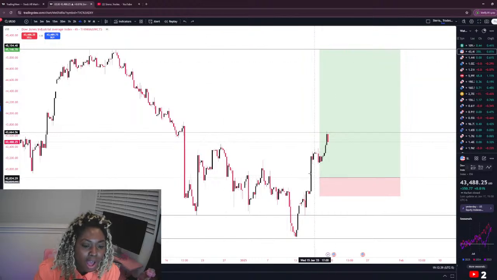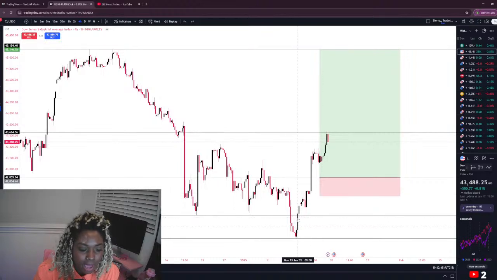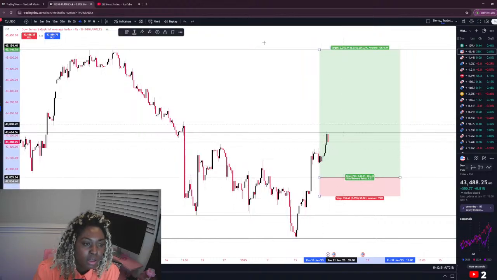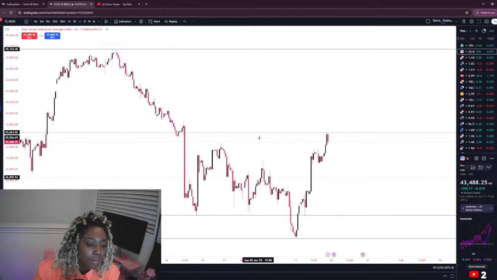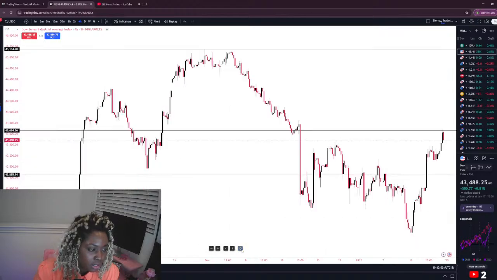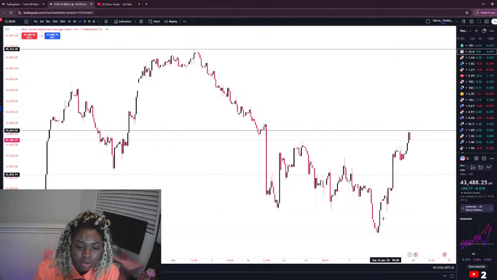So I wouldn't put a limit because I don't know if it's going to come and hit this and then come back here and then buy, or if it's going to just come and play around and then buy. But I am going to be looking for buys either in this area or this area.